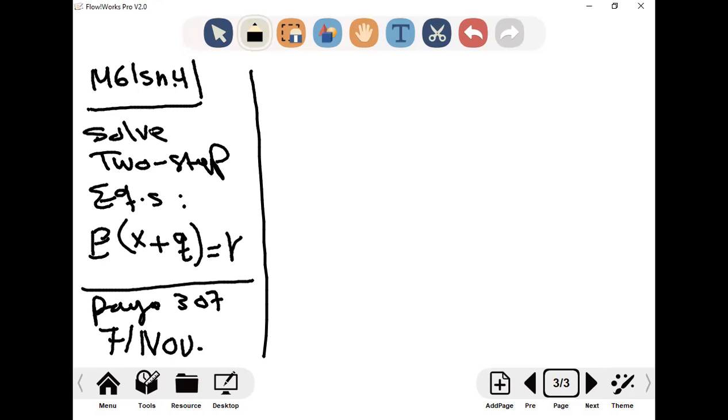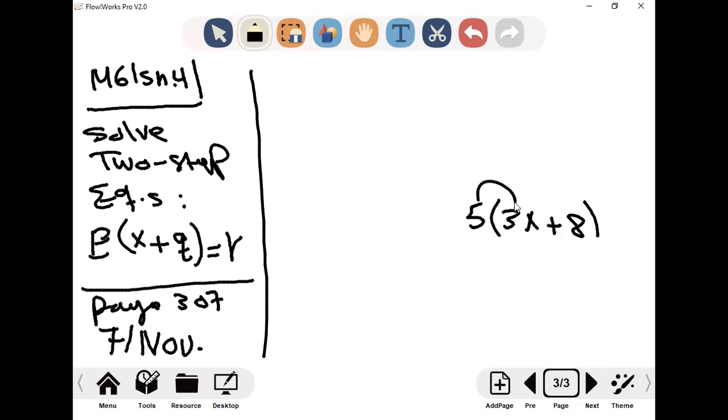So first step, we need to get rid of this parenthesis by distributing the p. We did expanding, remember? Something like 5 multiplied by 3x plus 8.